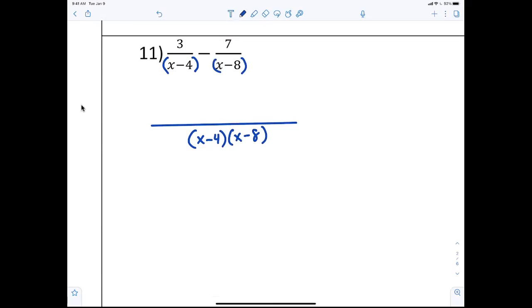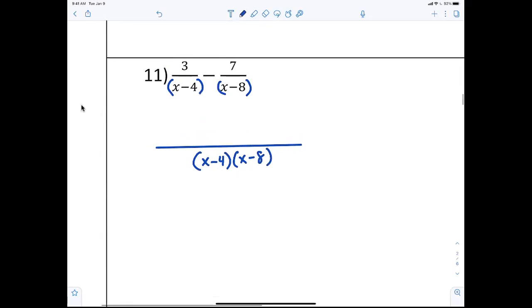That's the common denominator. Now, we can't go any further if you don't know that. Everybody good? And then don't you just multiply both sides by the opposite? So now the left, in order to get the common denominator, I need to put an x minus 8. And the one on the right, I need to put an x minus 4. All right, that's how I wish you would think about it.